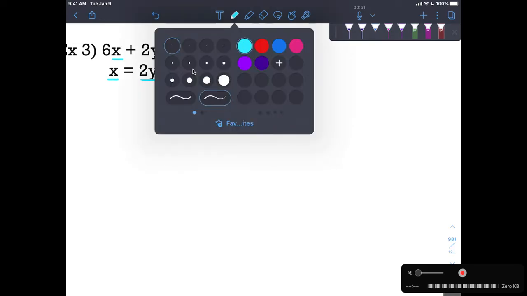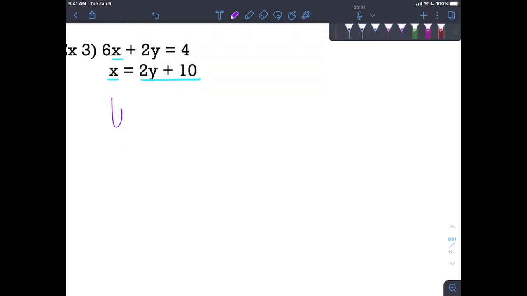So I'm going to take that initial equation, 6x, I'm going to replace my x with 2y plus 10 and copy down the remainder of the equation. Now I'm going to go ahead and attempt to solve this. I'm going to distribute.